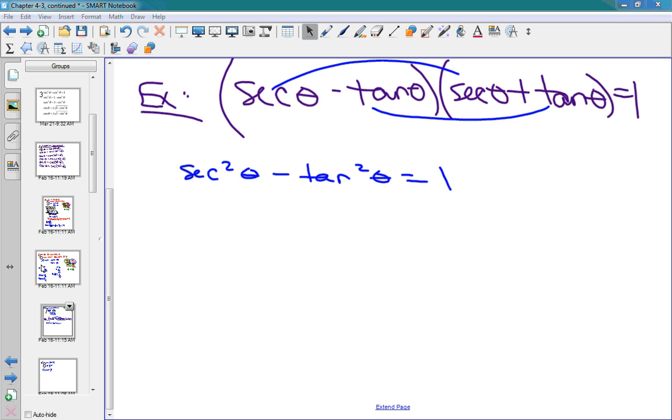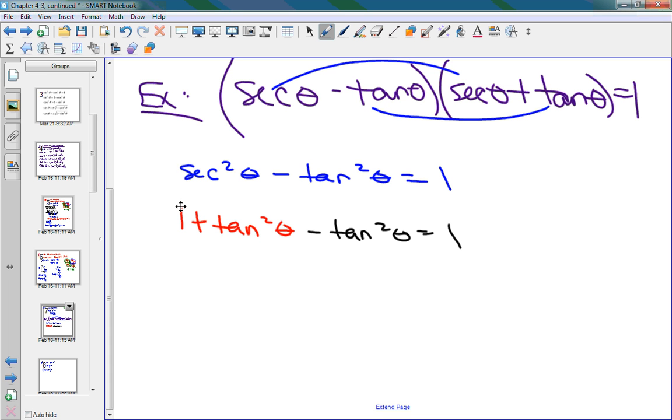I cannot touch the right-hand side. 1 plus tangent squared is secant squared.